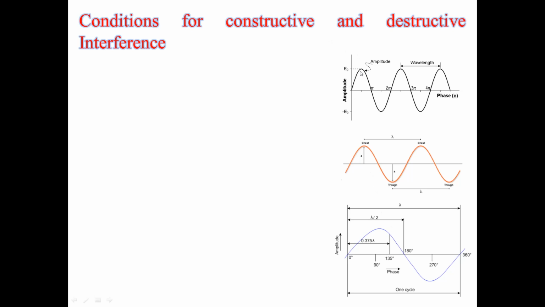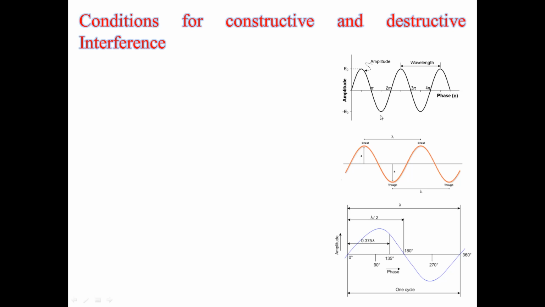So the phase difference between two consecutive crests is 2 pi, or two consecutive troughs is 2 pi, while the phase difference between a crest and a trough is pi. So a crest and a trough are said to be out of phase, while two crests or two troughs are in phase.